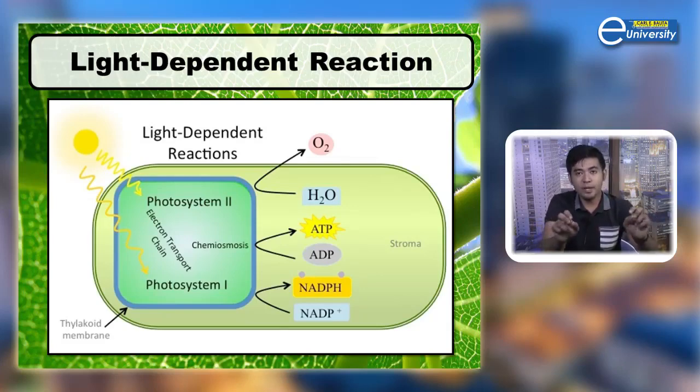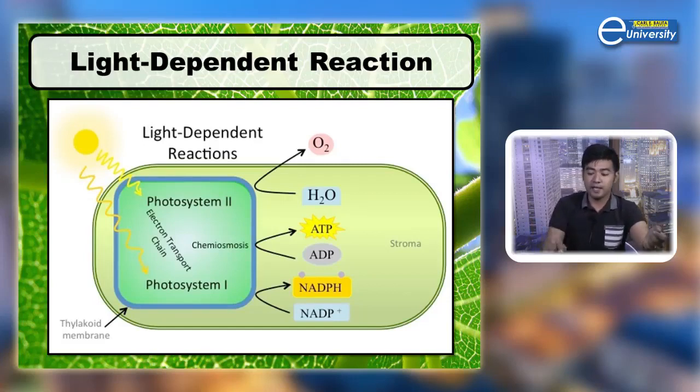When the photosystem receives the photons, they excite the electrons from ground state into excited state. And then this excited electron travels outside the photosystem, the light collecting system itself.